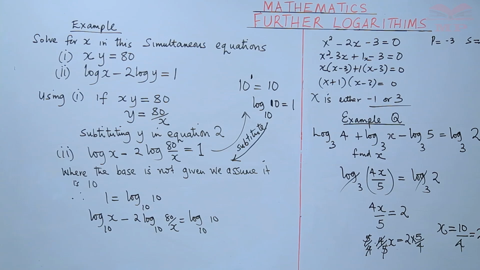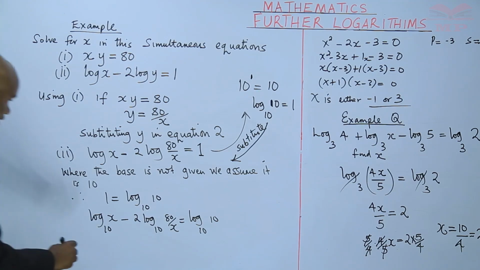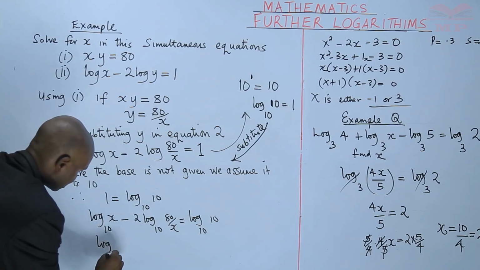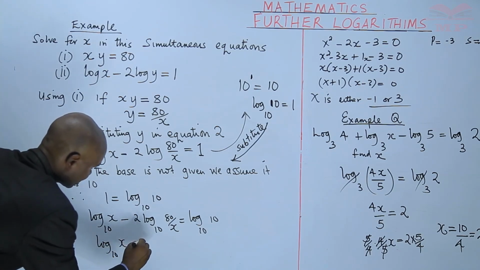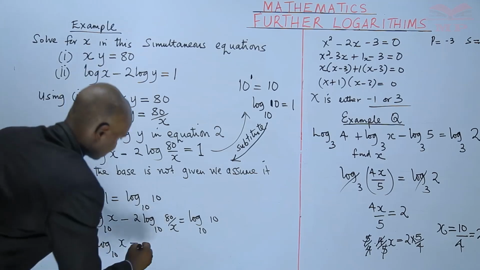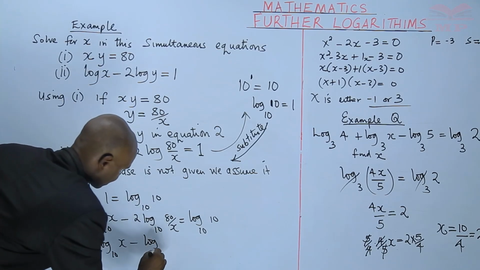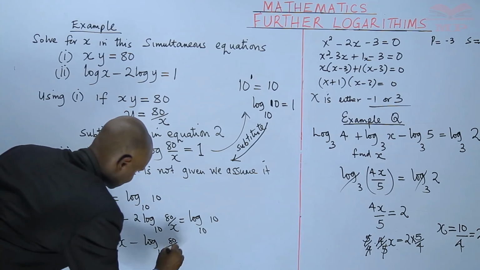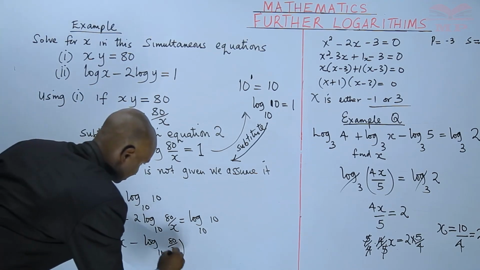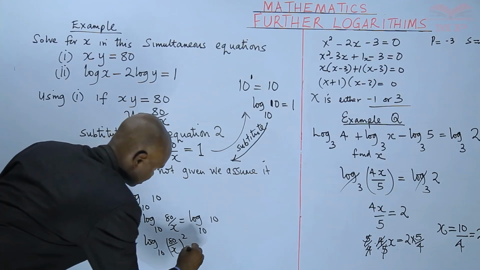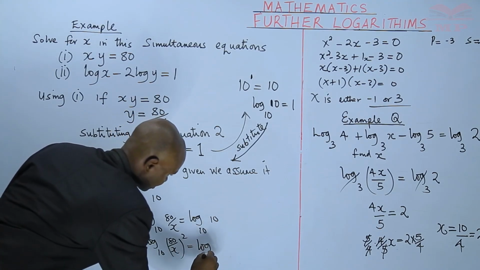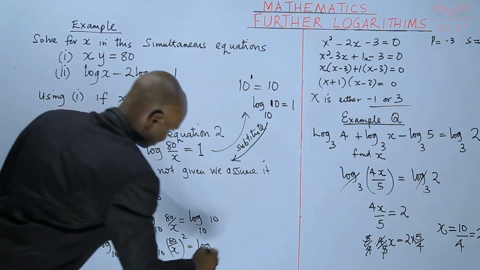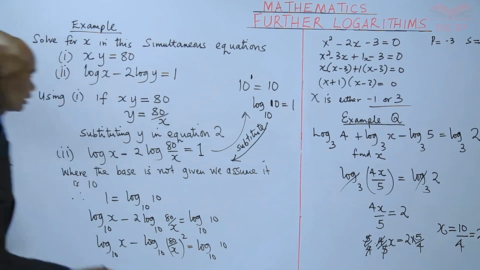We'll reach somewhere where the logs will go, but let's continue. Log to the base 10 x minus the other laws of indices, you'll have log to the base 10 of 80 over x squared is equal to log to the base 10 of 10.